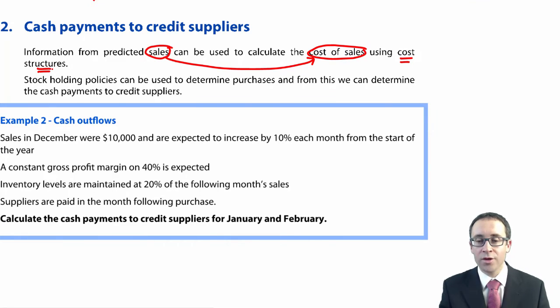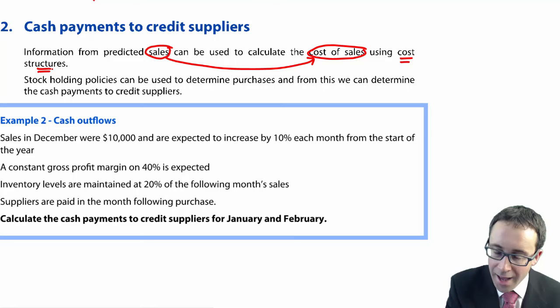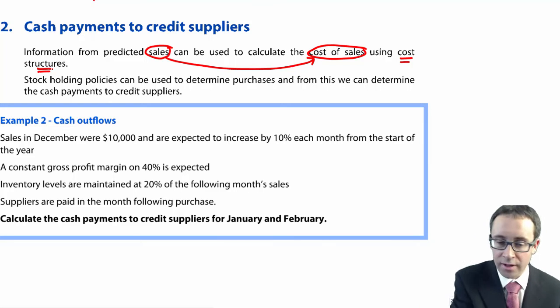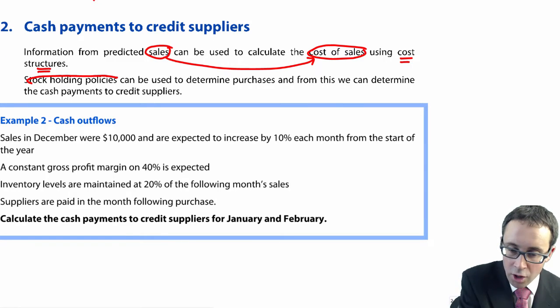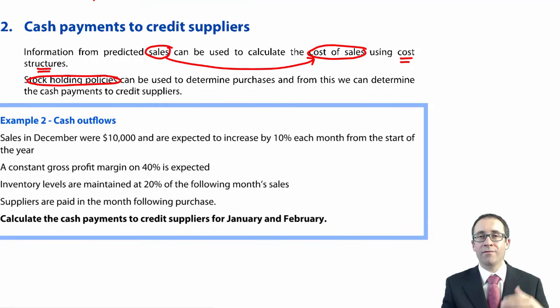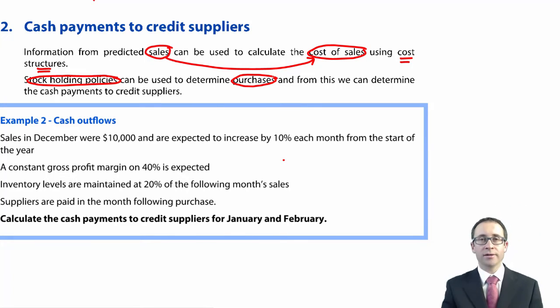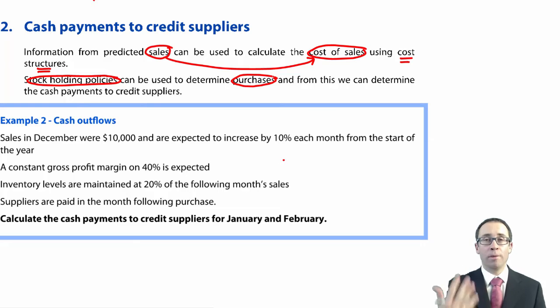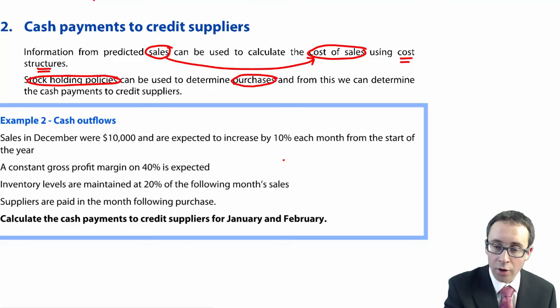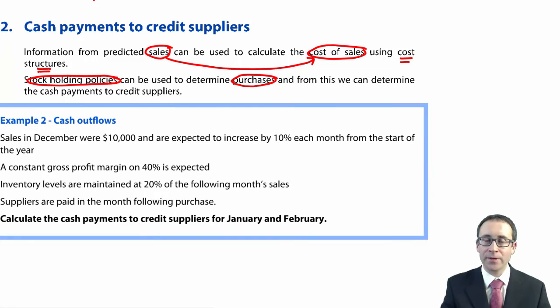Because what you've got there, you can go through there and then take that cost of sales figure, taking your stock holding policy, so how much stock you have at the beginning and the end of each month, because you will budget on how much to hold. You can then go through there and work out a purchases figure. Okay, once you've got your purchases figure, again, some of it will be for cash, some of it will be there on credit, and then those credit purchases you can then look at when we make the payments.